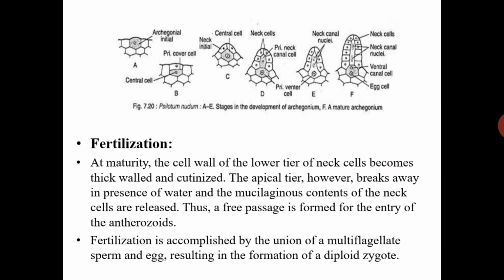Thus, a free passage is formed for the entry of the anthrozoids into the archegonium. Fertilization is accomplished by the union of the multiflagellate sperm and the egg, as you see in the reproduction in flowering plants, resulting in the formation of a diploid zygote.